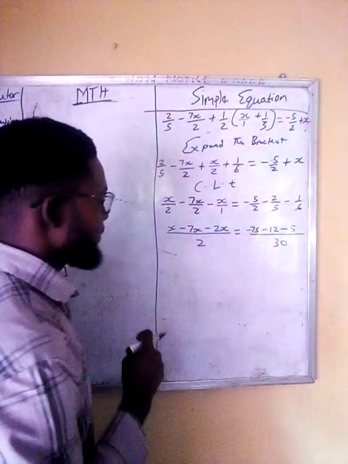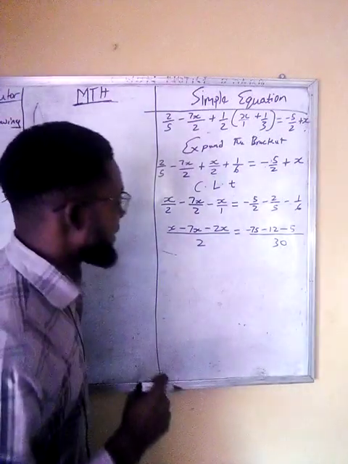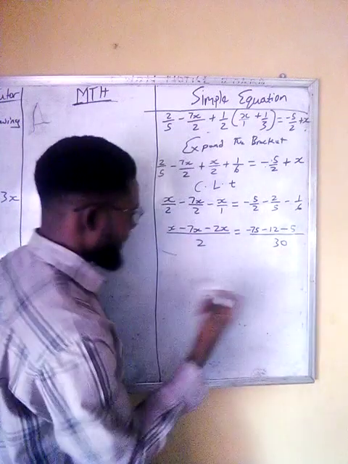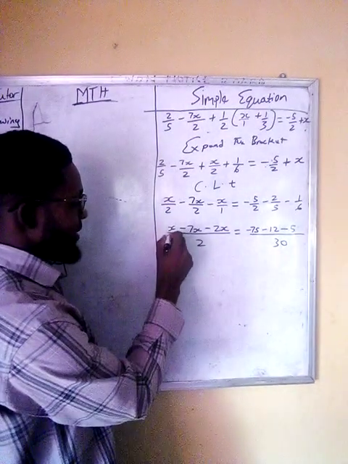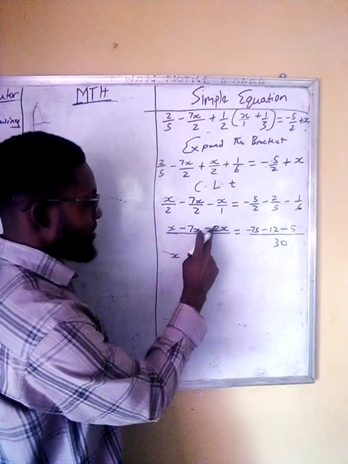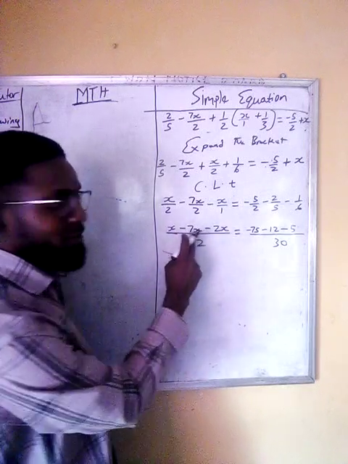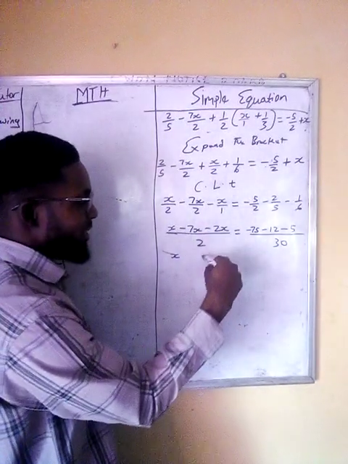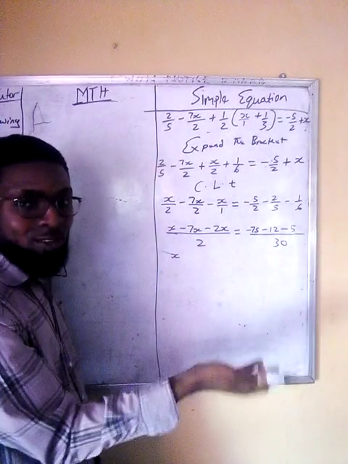Okay, let us sum up what we have here. We sum the numerator, and then we'll see what we have. This is x, minus 7x, minus 2x. Minus 7x means that you are owing. Minus 2x, you are still owing again, because negative means that you are owing, isn't it?